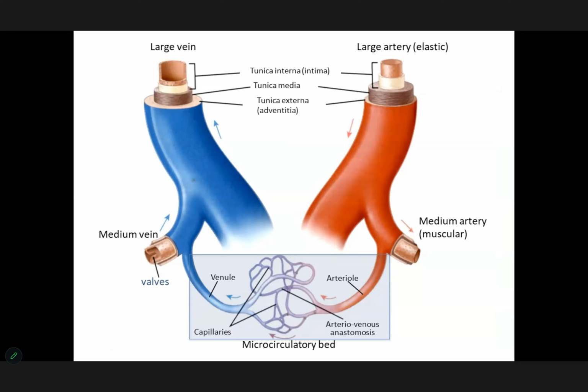our system, the cardiovascular system, includes the heart, blood vessels, and lymphatic vessels. Let's talk first about the blood vessels. Blood vessels include large and medium vessels, which are arteries and veins, and small vessels that are called the microcircular bed.